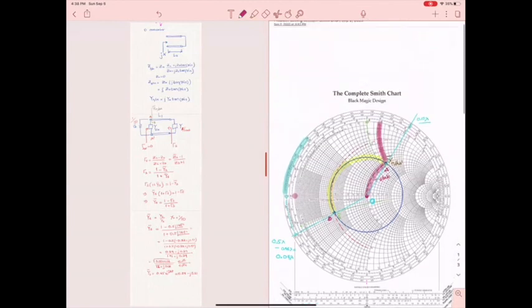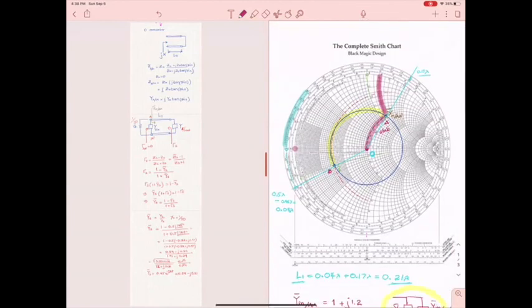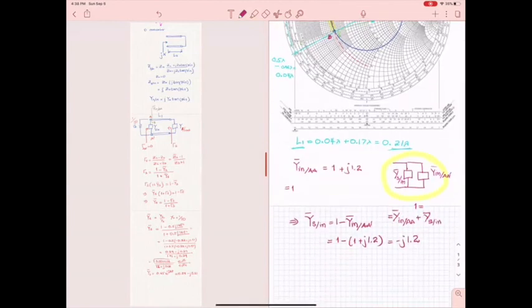So we found 1.2 from here, but in reality, the stub has created this negative 1.2.